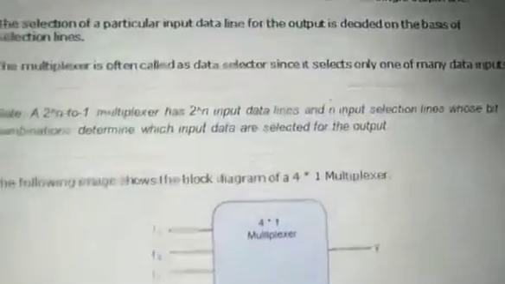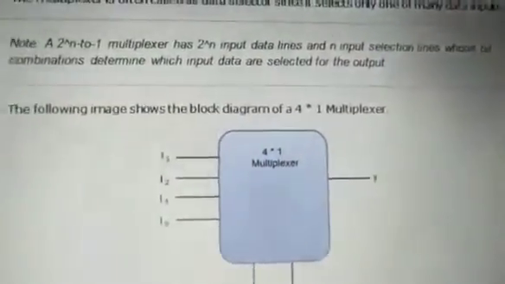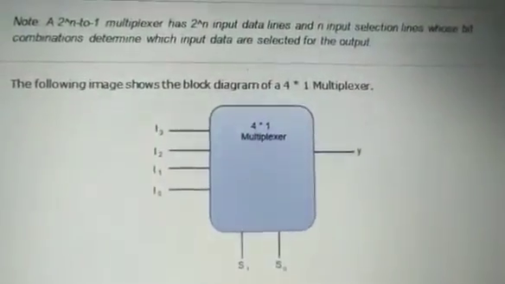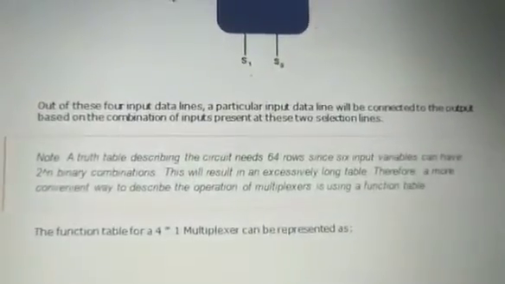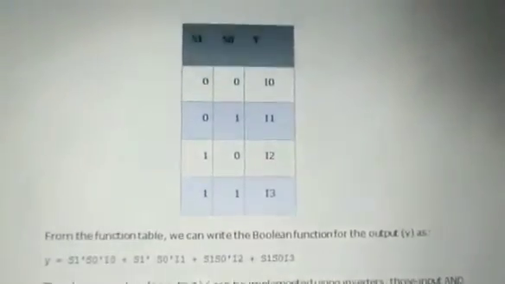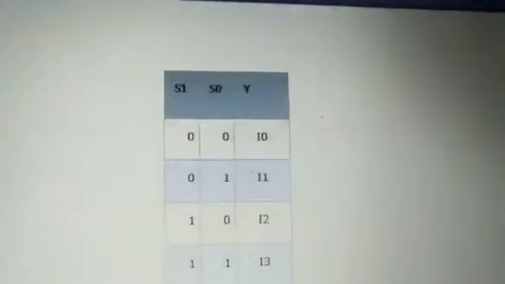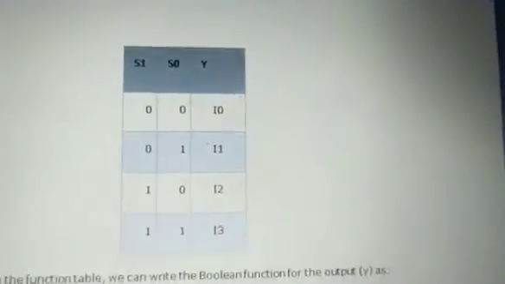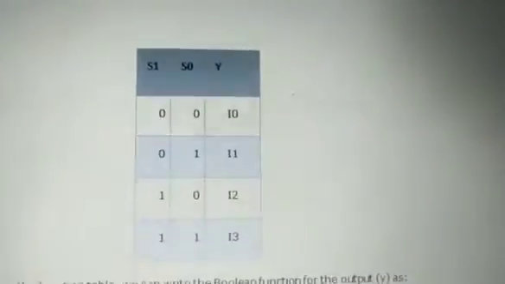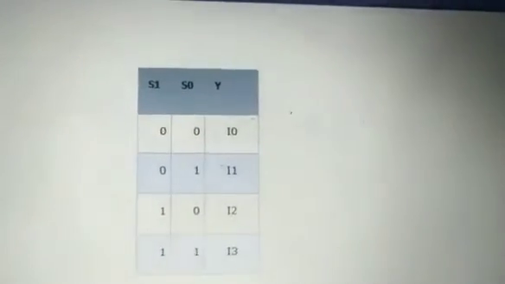Now, how can we design it, and what are the functions of a 1 cross 4 multiplexer? Let's come to the truth table first. S0 and S1 are the select lines and Y is the output, because I have given 4 inputs over here.